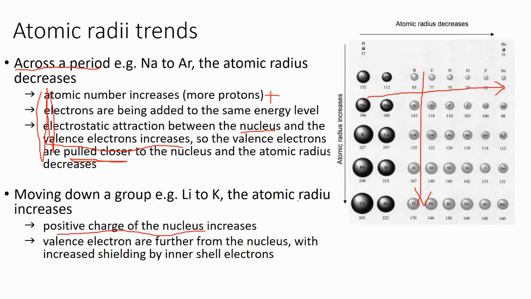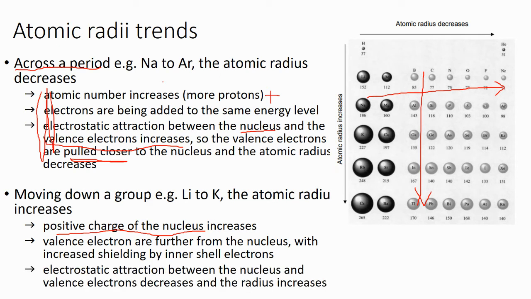And so therefore, there's more shielding by the inner shell electrons. And that means that the electrostatic attraction between the nucleus and the valence electrons is going to decrease, and therefore the radius increases. Okay, so again, you need to know the trend. Moving down a group, the atomic radius increases, and then you need to be able to give the reasons.